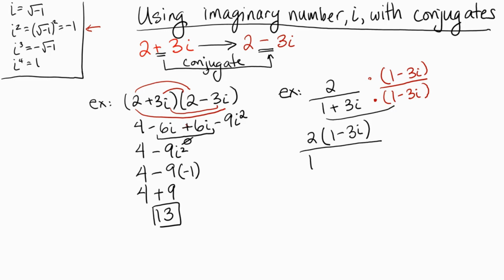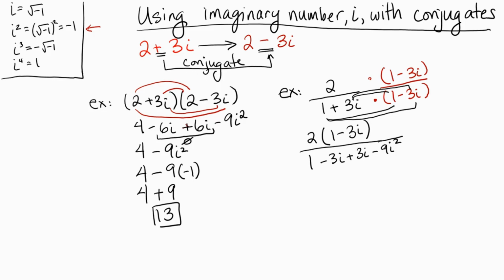Our outer values, 1 times negative 3i is going to be minus 3i. Our inner values, 1 times 3i. And then our last, which is going to be 3i times negative 3i. So it's negative 9i squared. Similar to our last one, right? So we're going to do the same thing that we did before.